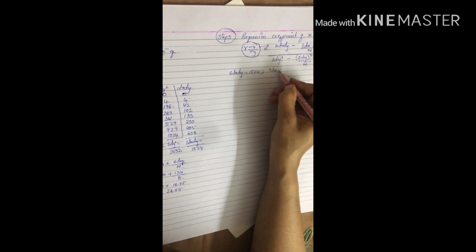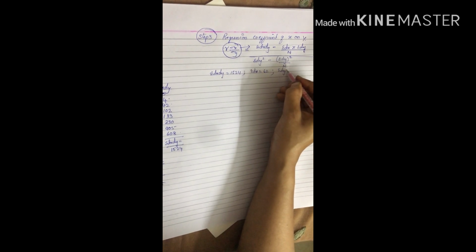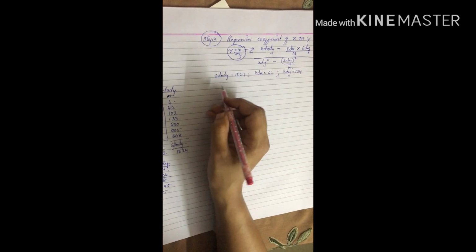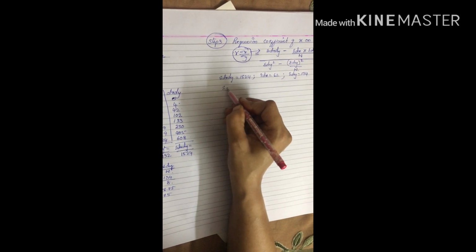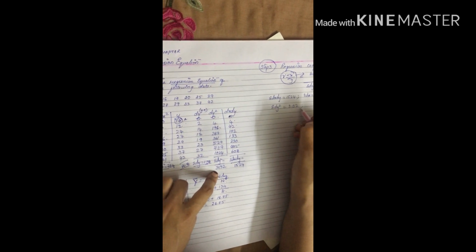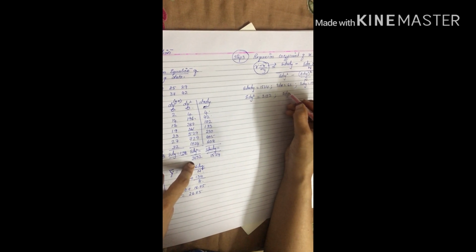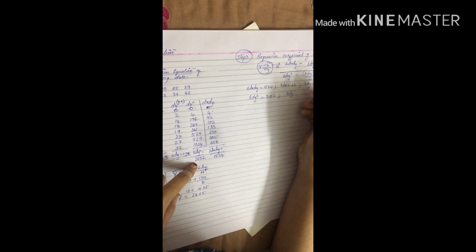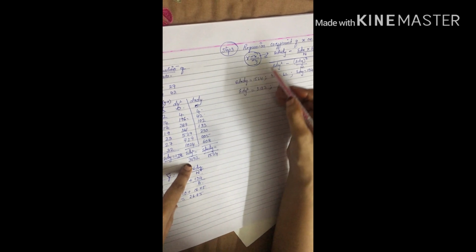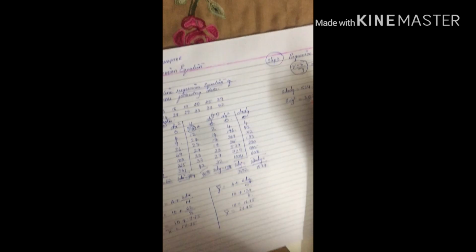Sigma dx equal to 62. Sigma dy equal to 134. Sigma dy square equal to 3132. So sigma dx dy, sigma dx, sigma dy, sigma dy square, right?